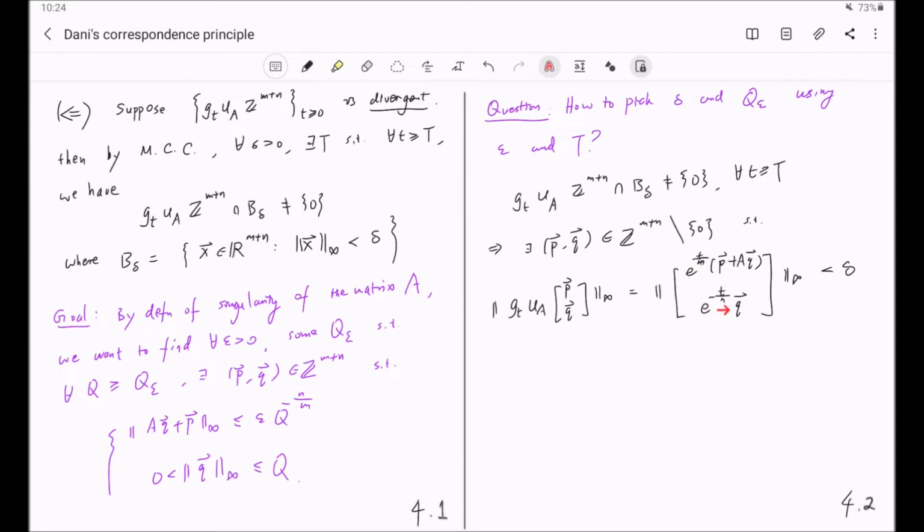If you separate those two parts, this gives you the following two inequalities. The first is the infinite norm of Aq plus p is less than e raised to the power negative t over m times delta. And the second inequality is the infinite norm of q being less than e raised to the power t over n times delta.